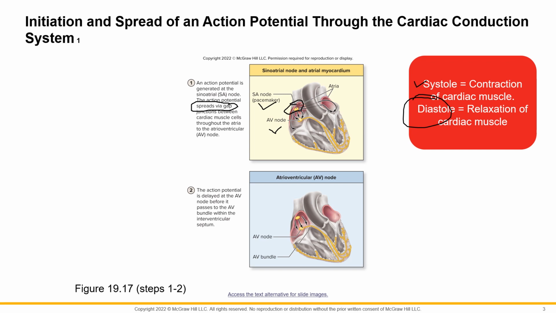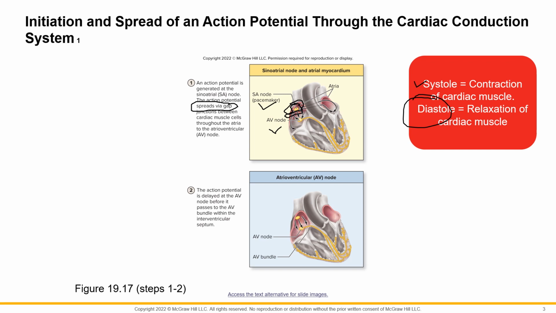Remember, the gap junctions are located in your intercalated discs. So once the muscle fibers in this region are depolarized, those sodium and calcium ions can pass or permeate freely through your gap junctions and pass that action potential to the adjacent muscle fibers or muscle cells.